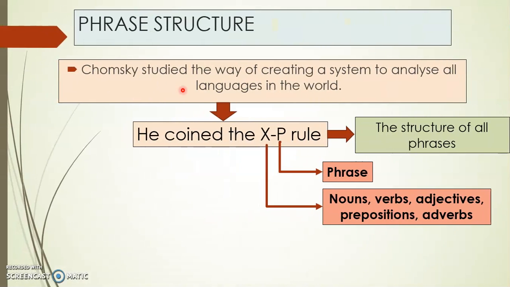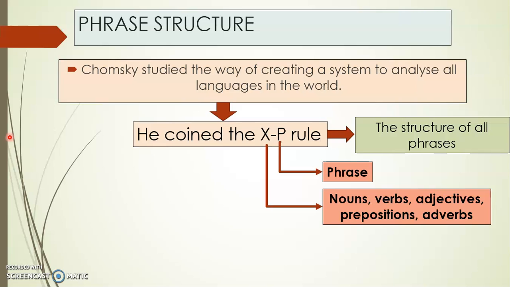Now we're coming to phrase structure. How we're going to analyze a phrase structure is basically what you have to do in this lesson. Remember that all these ideas are based on Chomsky's generative grammar, the generative approach.